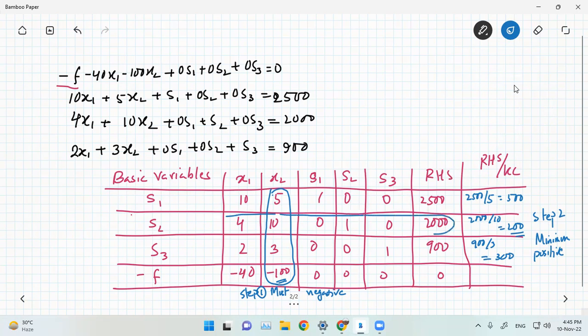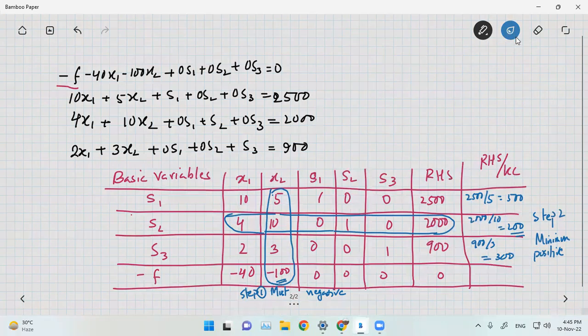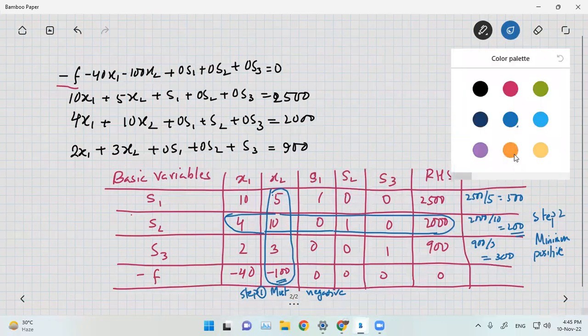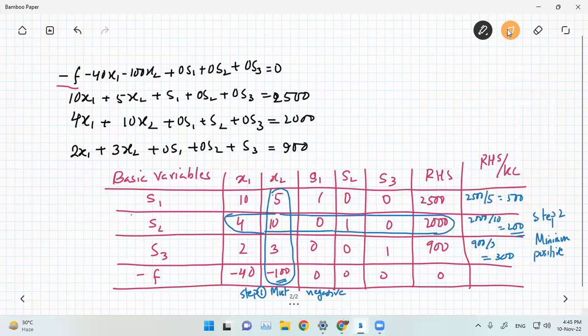Bottom line is we need the intersection, because the rest of the calculation will be based on it. The key element, that is 10 here, we cannot keep with this magnitude; we have to make it 1. So we divide all the parameters in this row by 10.